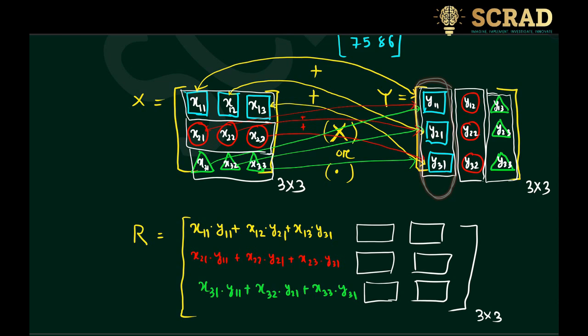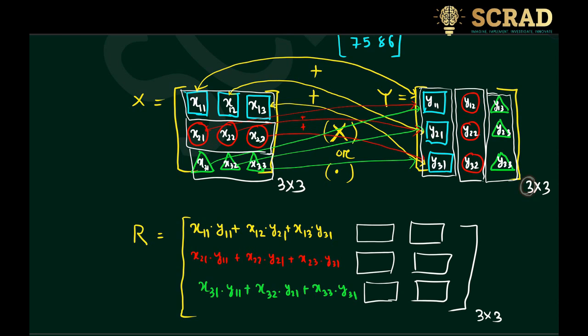Then only matrix multiplication will be performed. In this case, the number of columns in the x matrix is 3, which is equal to the number of rows in the second matrix. That is why matrix multiplication was possible.